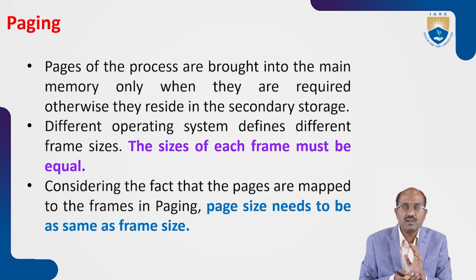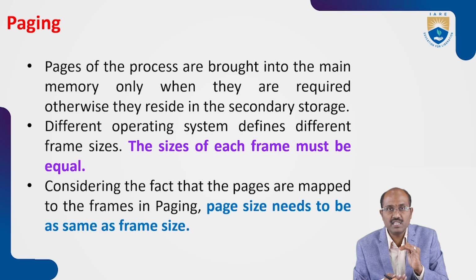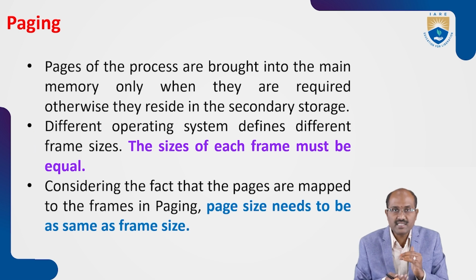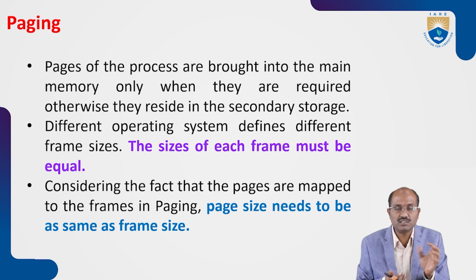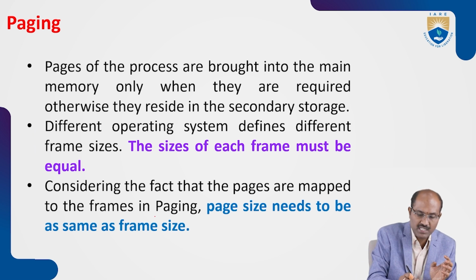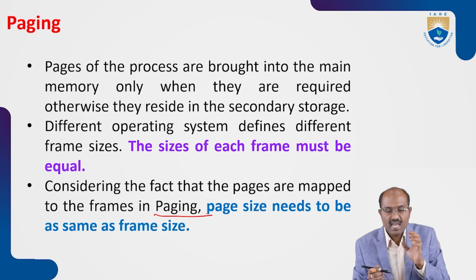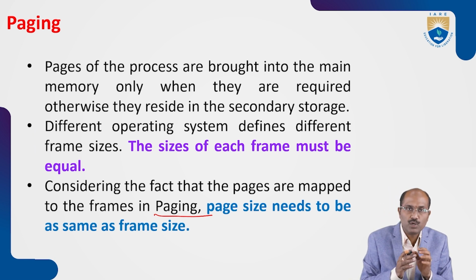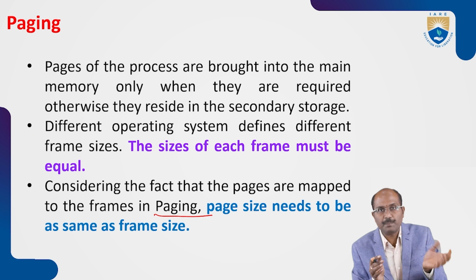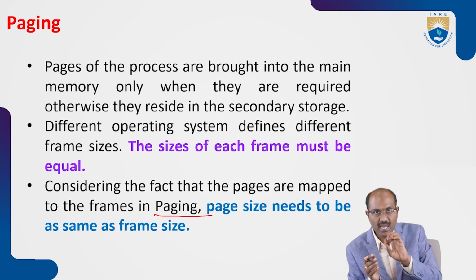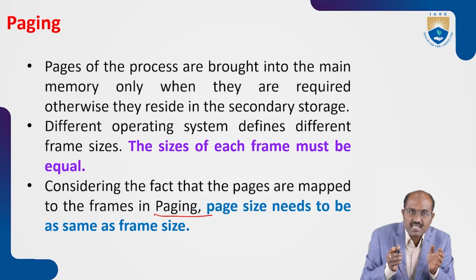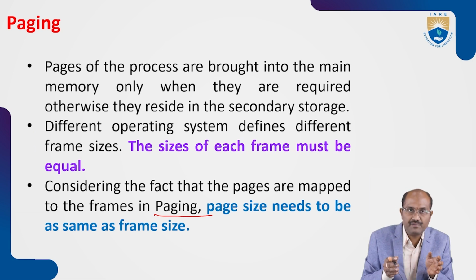The size of each frame must be equal. Pages are mapped to frames because of the concept of paging, so the page size needs to be the same as the frame size. Both should be equal, and only then can the paging technique perform.